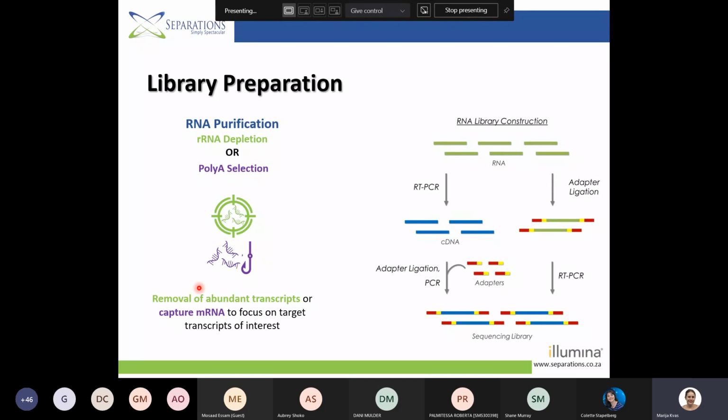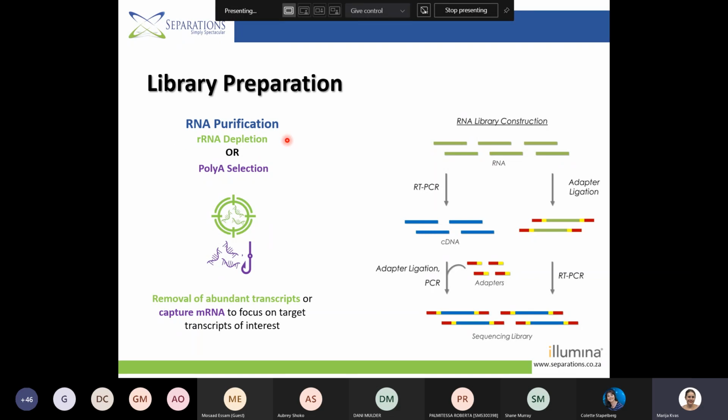So like I mentioned, regardless of what library prep you choose, first of all, we need to purify that RNA, right? The majority of RNA in our sample will be ribosomal RNA, so about 80–90% of our RNA is ribosomal RNA, which doesn't really tell us much, right? We are interested in coding regions in mRNA, right? So we have two options to remove that rRNA. We can either deplete it, right?